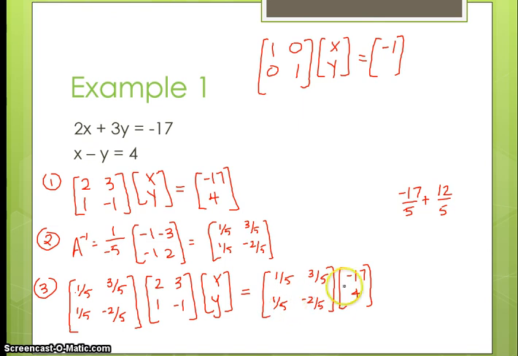For the second row, I have -17/5 plus a -8/5, which would be a -25/5 or -5. So what that means is x equals -1, y equals -5.